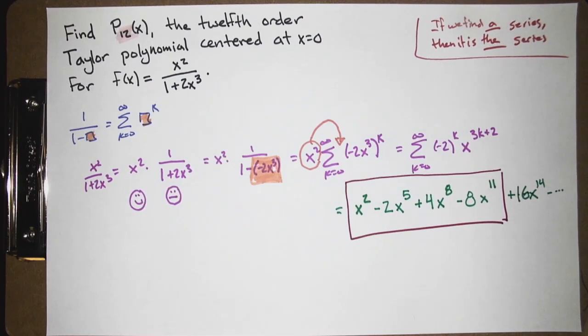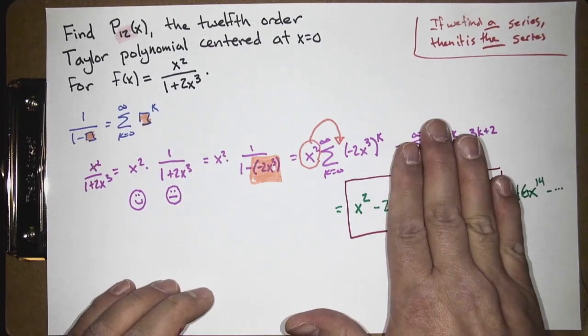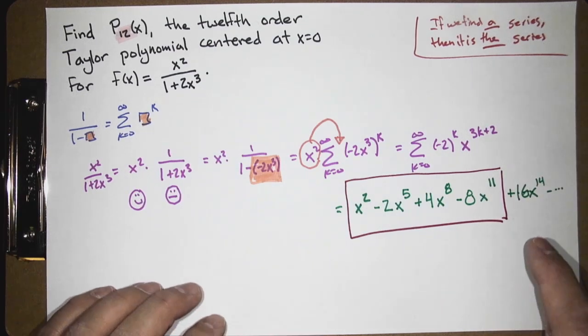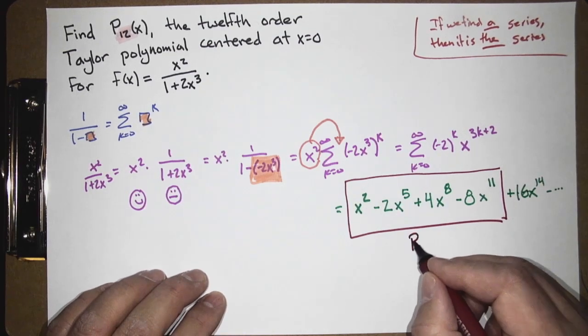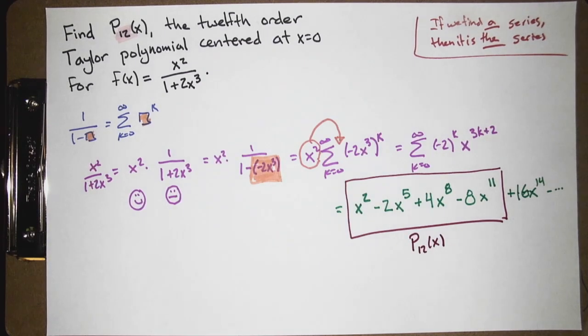So this beginning of your Taylor series, they're all Taylor polynomials. It's just how much do you want it to approximate? We wanted it to approximate up through the 12th derivative. So this part is our P12. So the beginning of a Taylor series is the Taylor polynomial. So if you have a way to make your Taylor series without having to go through and take derivatives, that can give you an alternative to finding your Taylor polynomial.